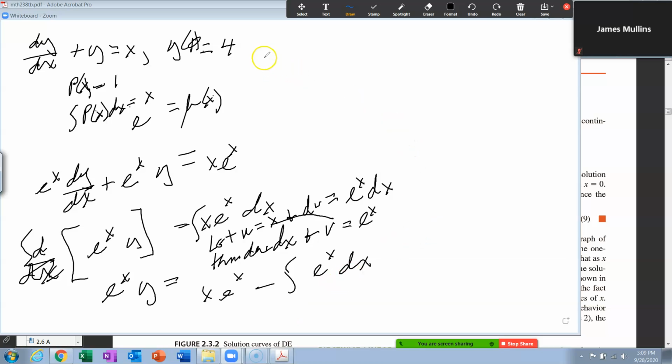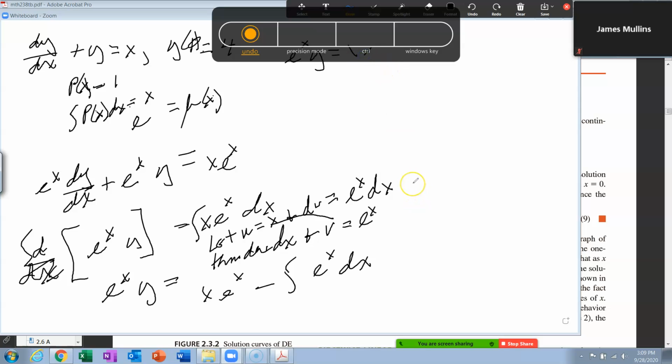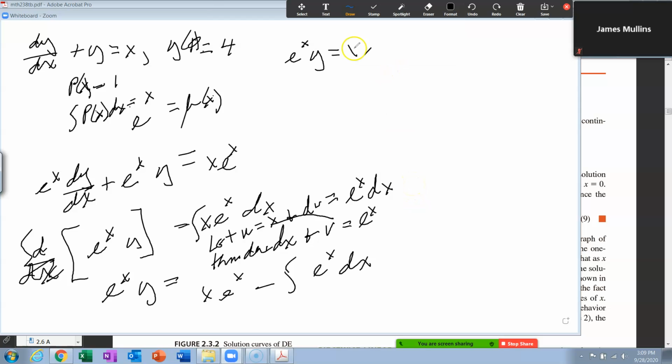So here's what we've got so far. e to the x times y is equal to x e to the x minus, and the antiderivative of e to the x is e to the x. Okay, and now we can put the plus c in there.